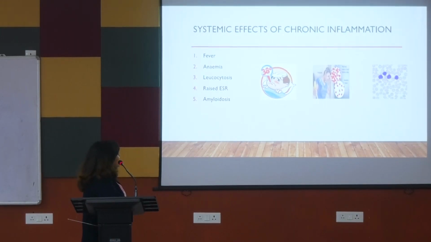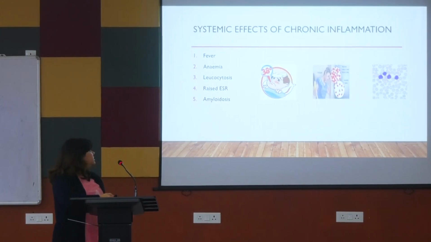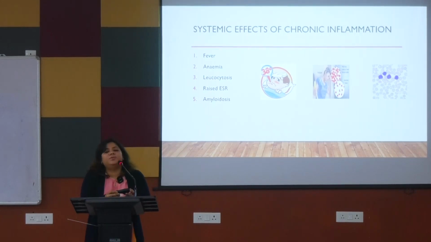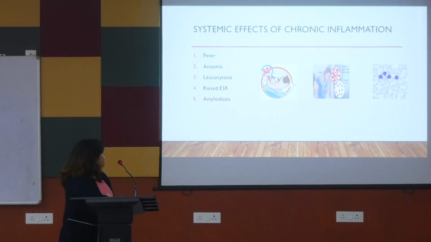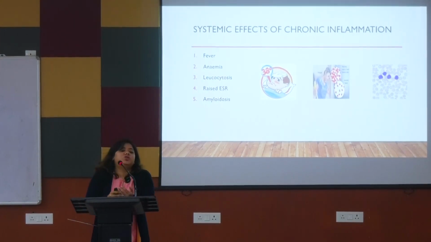Now systemic effects of chronic inflammation, we all know this. Fever. What kind of fever? Usually low grade fever. Usually low grade, can be high grade, but usually low grade fever. There will be anemia, leukocytosis. Which type of blood cell will increase?